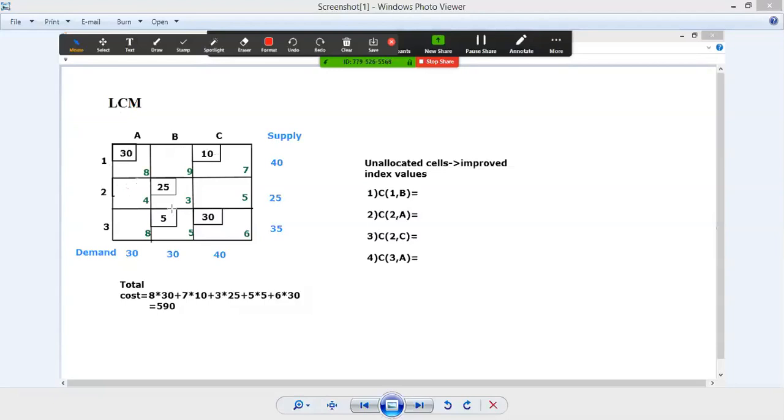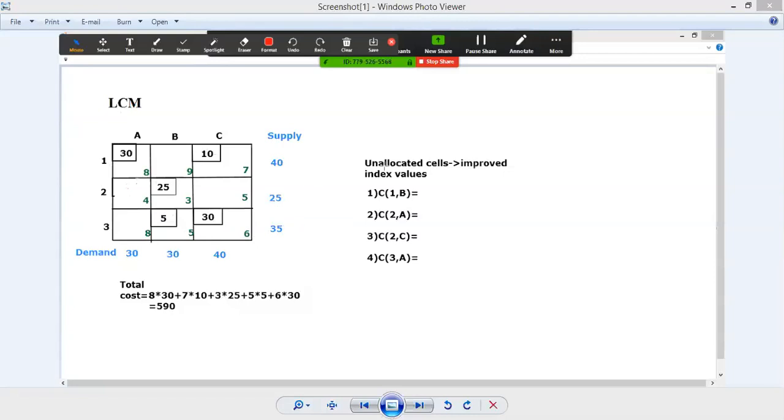When do we say that degeneracy doesn't occur in the problem? When the number of allocations is greater than or equal to m plus n minus 1. In this problem, the condition is satisfied. That is 5 greater than or equal to 3 plus 3 minus 1. So there is no degeneracy.